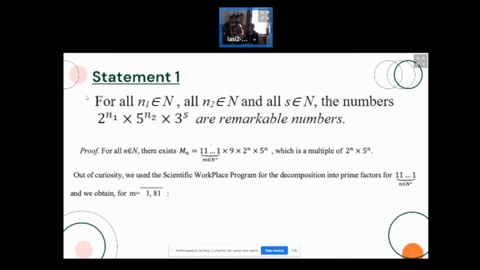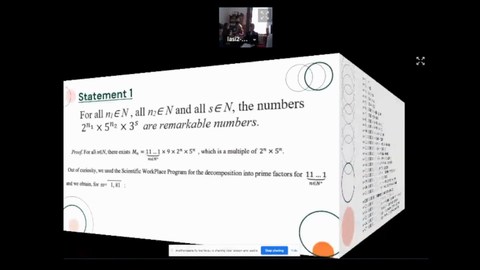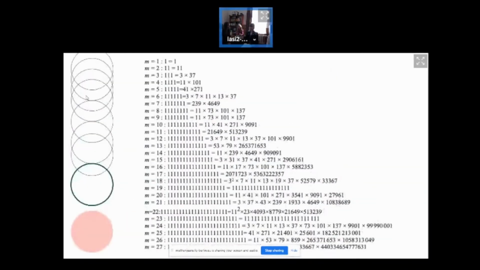And out of our curiosity, we used the Scientific Workplace program for the decomposition into prime factors of 111 taken m times, for m between 1 and 81. Here are some of the examples.